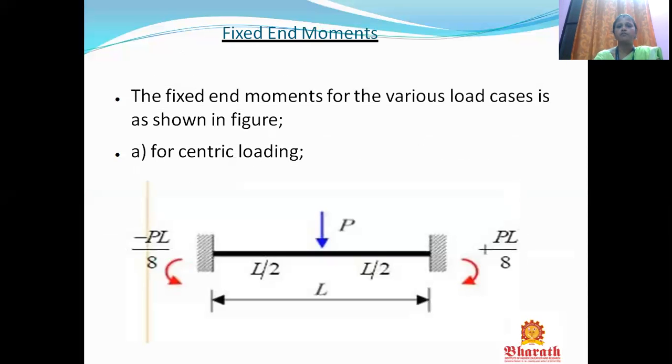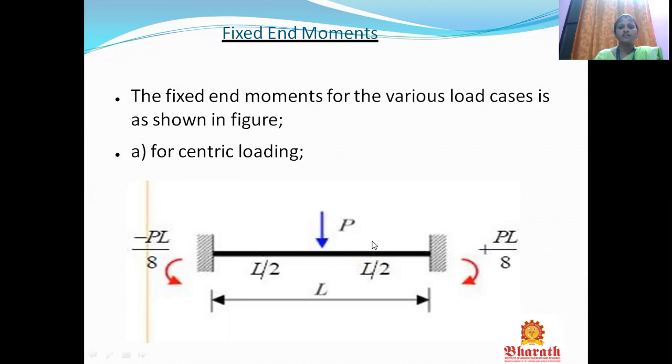Next, fixed end moments. The fixed end moments for various load cases are shown. For example, for a concentrated load, for this type of structure, the point load is acting at the center.